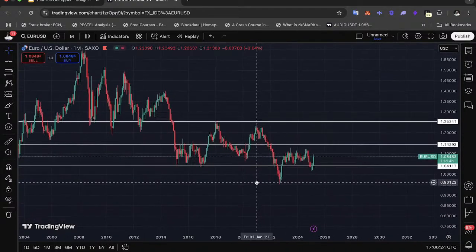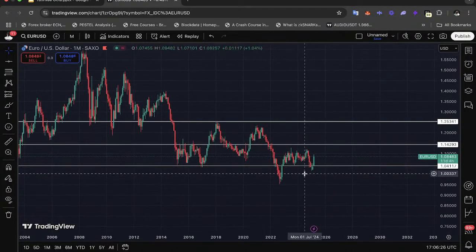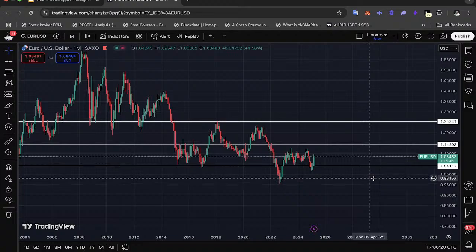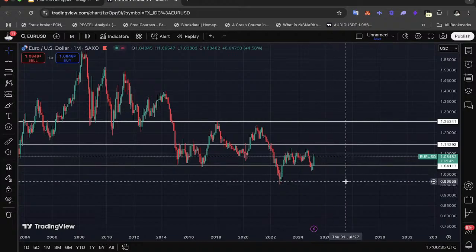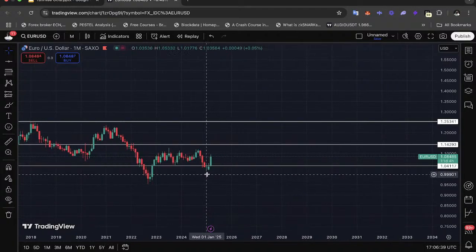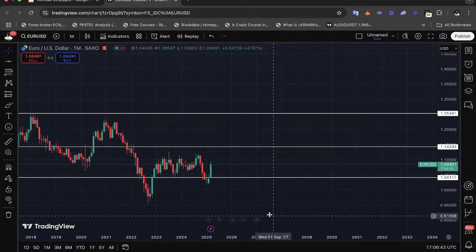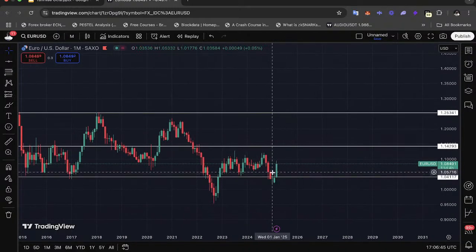And last 3 months, we can see that if you followed our webinars consistently, in our last session last month, we looked at the doji that appeared on the monthly time frame here, right?